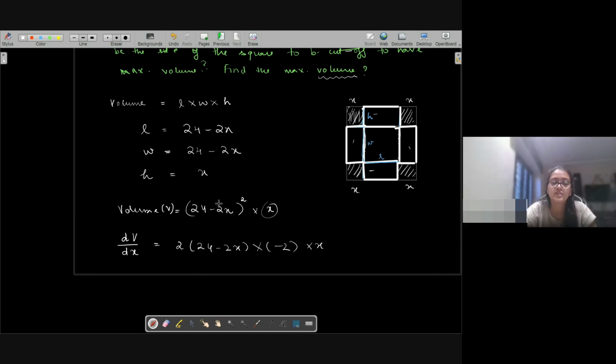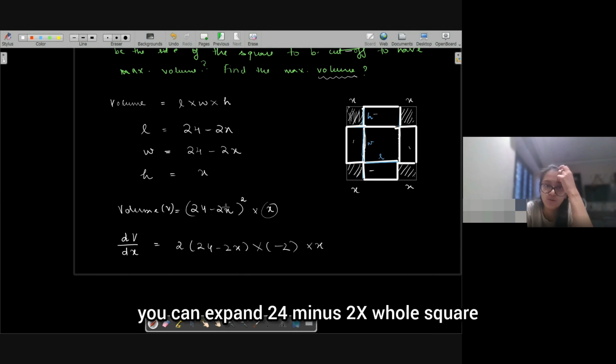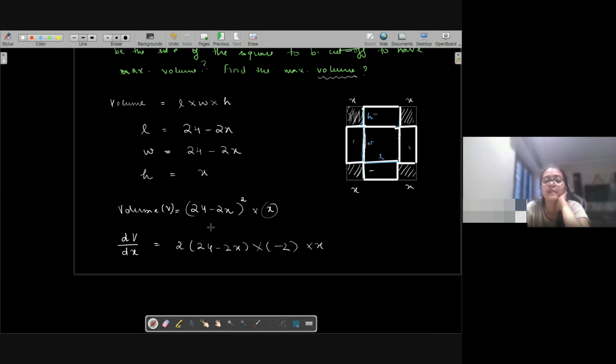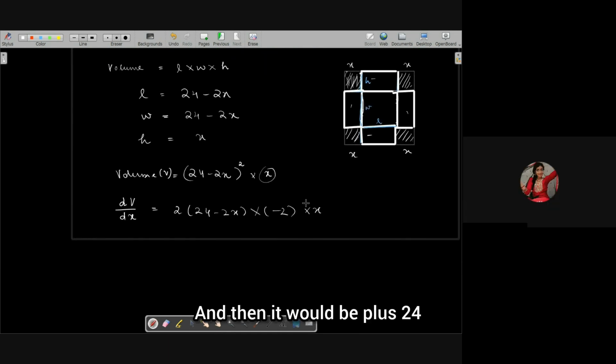What you can also do is expand 24 minus 2x whole squared, then multiply by x, and then take the derivative. I think that will be easier, but this is also fine.